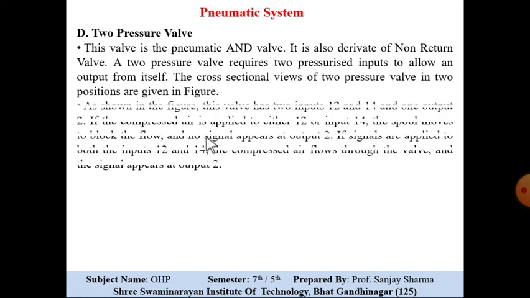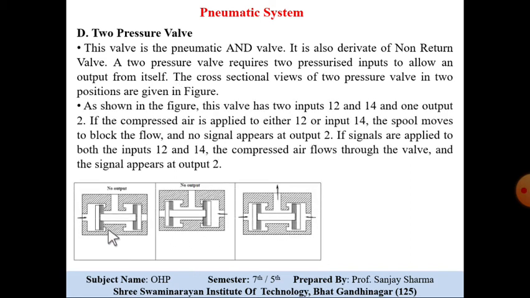So once we see the figure, here you can see no output, and here we have the output. It means this is the location where air pressure 1 is applicable, and this is where pressure 2 is applicable.